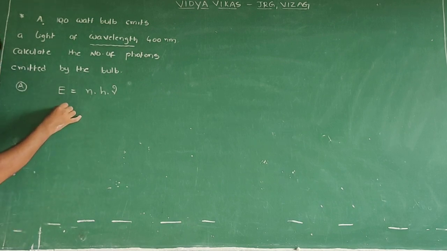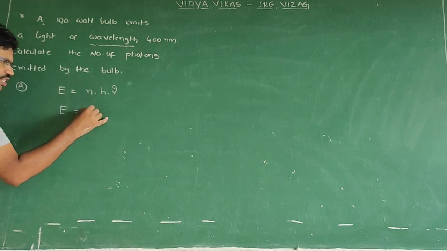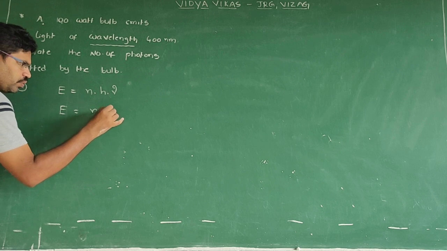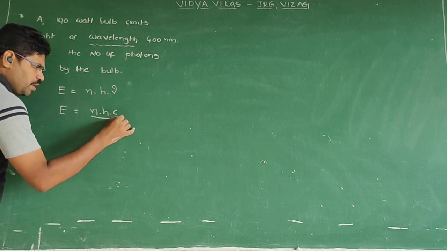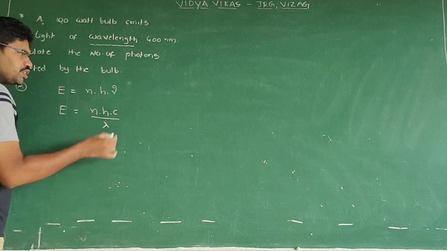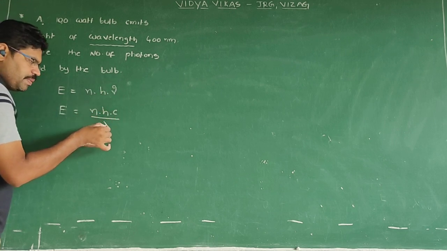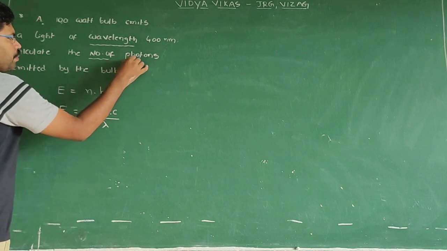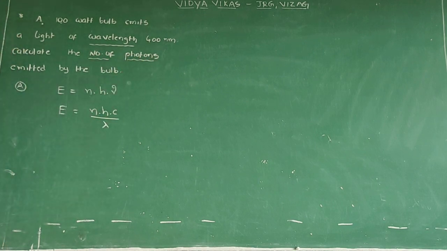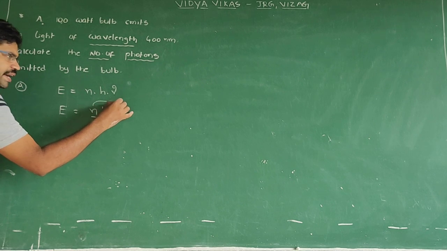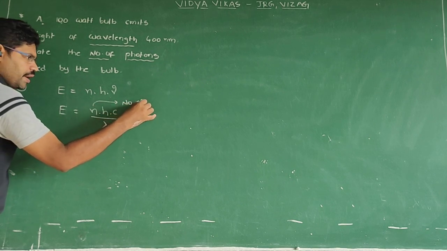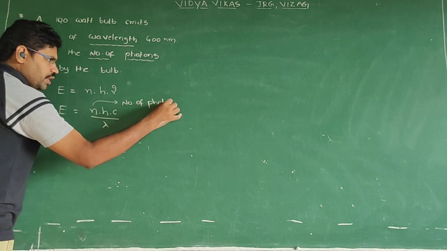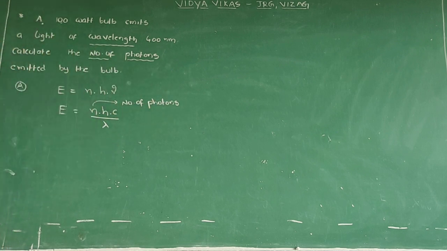So the energy of emitted light radiation is N into h into c by lambda, because nu, frequency, is nothing but c by lambda. Is it clear? So in the entire question, we are ready to calculate N. N represents what, sir? Number of photons, dear students.